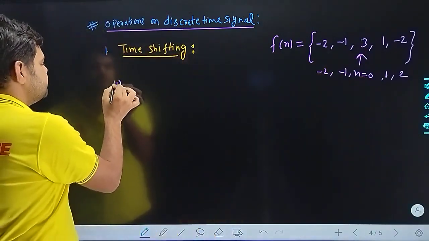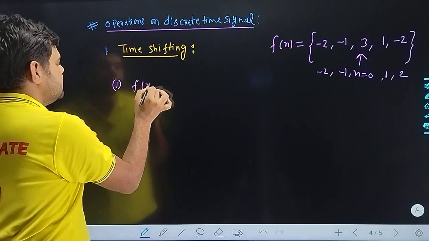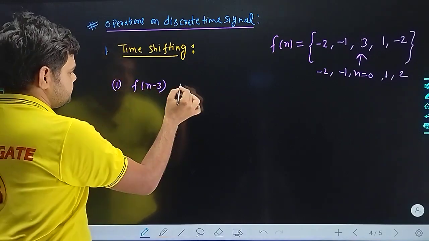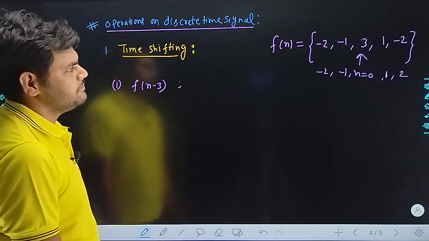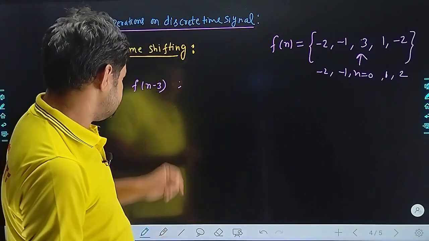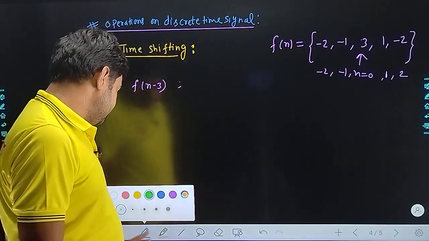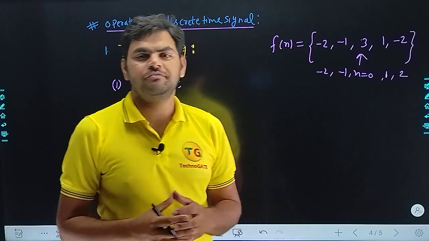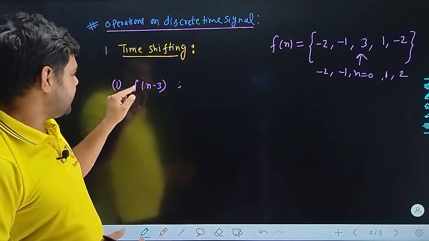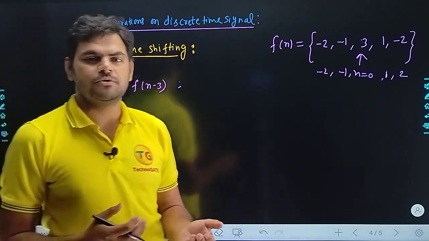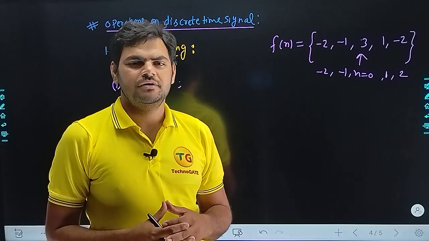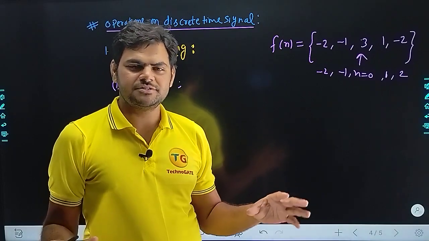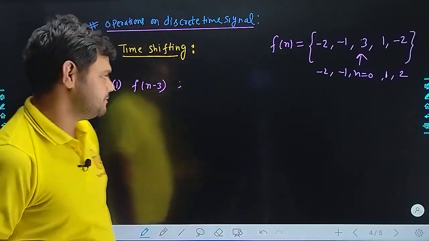Now, if I say to you, let's write f of n minus 3 for this. See how it will be represented. Do you remember in the continuous scale what we do when we write the expression t minus t naught? In the graph, we add t naught at each and every instant of time. Here also we do the same thing.